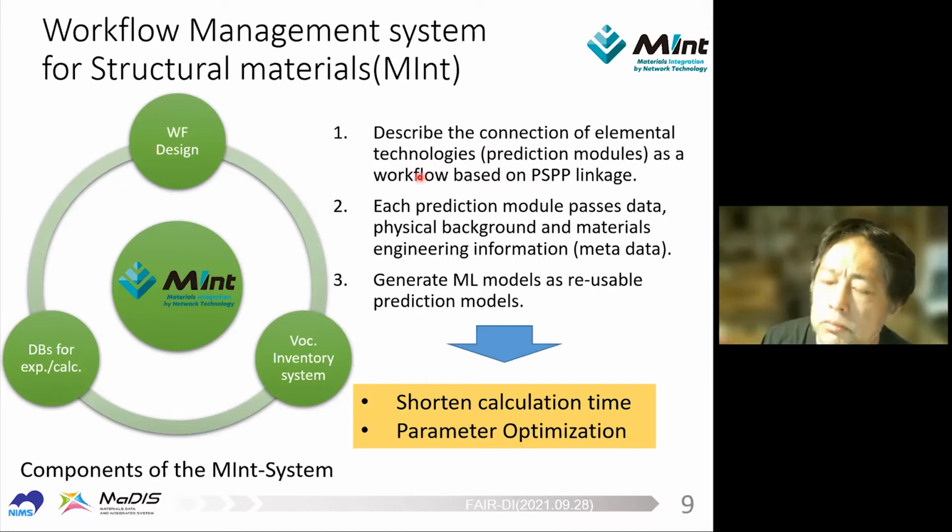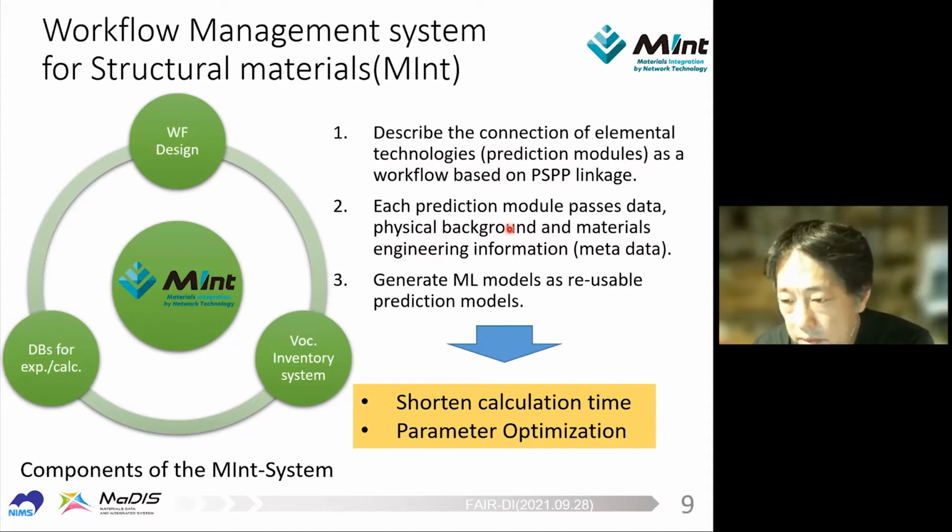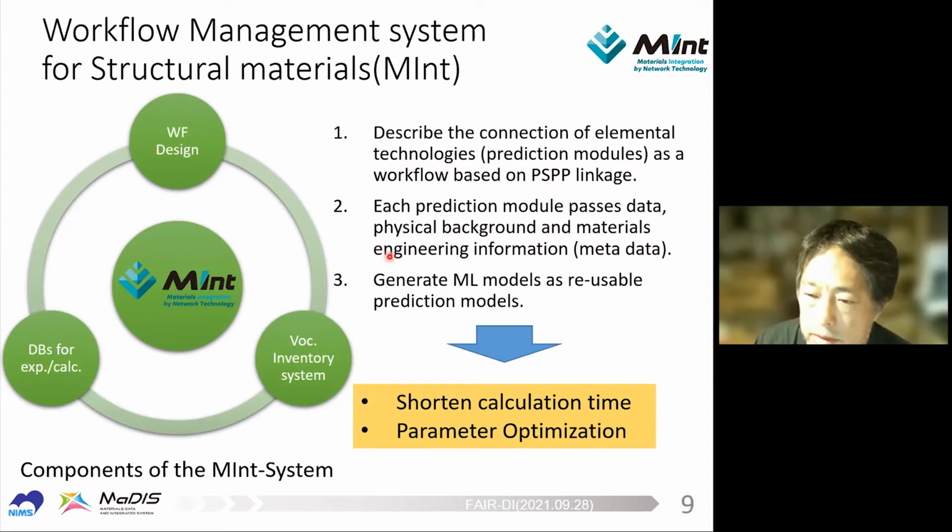Each prediction module passes data and the physical background and materials engineering information as metadata, for example the calculation condition, experimental condition, or some other restriction in the materials. This kind of information is very useful to generate machine learning models as reusable prediction models in the system. So it is very important to reuse those models in the system.